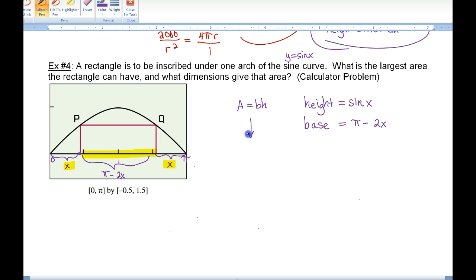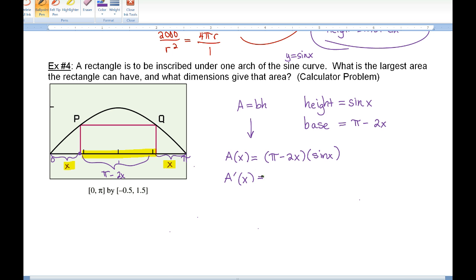So now I could take that formula, so we have a function just in terms of x: base times height, so pi minus 2x times sine x. I want to do the derivative because we want to maximize that.